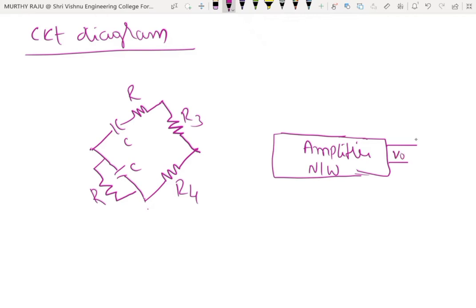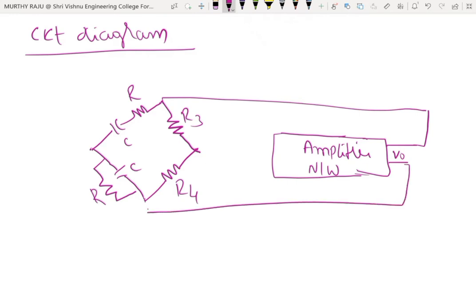The output of the amplifier circuit is connected to the input to the feedback network. This is ground. This is the feedback network.